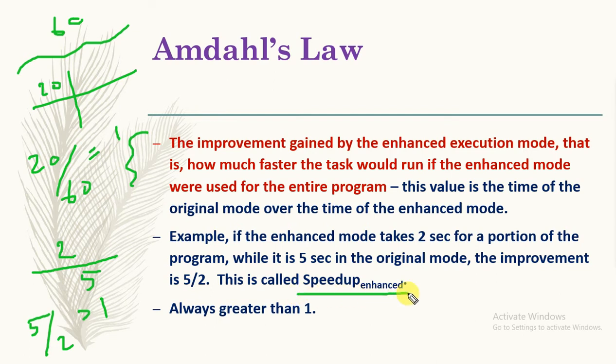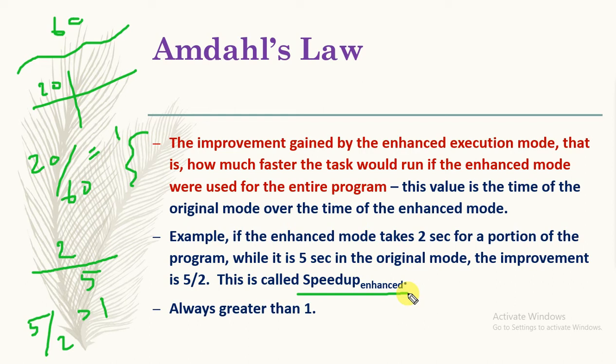So we have considered two points. One is the fraction enhanced: out of the total time, the area we are giving enhancement, divided by the total available, which is always less than or equal to 1. That is to be remembered.